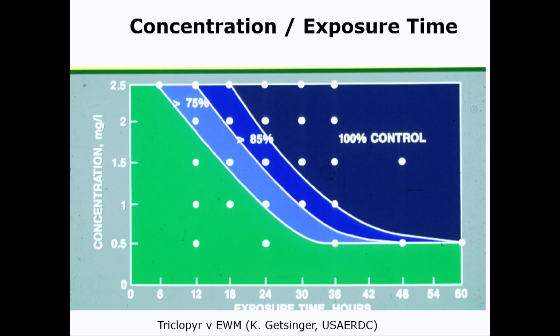For instance, with fluridone, we find typically you need at least 2 parts per billion in the water for 60 days to get effective control. 2 parts per billion is not very much, but 60 days is a really long time. And it's particularly a long time if you're in a tidal situation. So you have to use different strategies of treatments and formulation to maintain the contact of the plant. We have found that you don't have to have it in contact continuously for that 60 days.